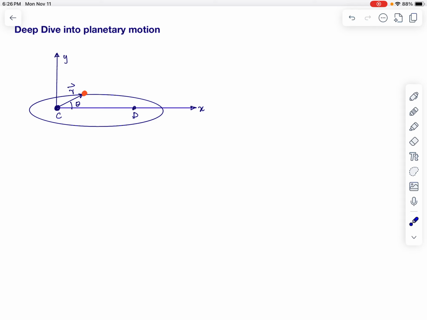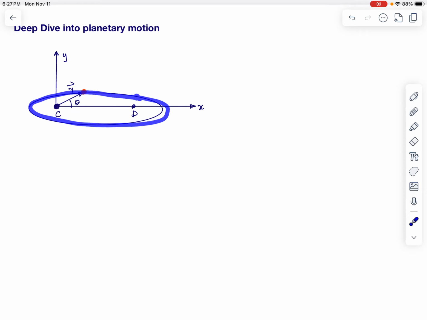Now, if you look at this diagram here, we have an ellipse, with one of the focal points at C and the other at D. We have a planet that's red in color, moving in this elliptical orbit around the sun, which is at center C. Come to think of it, there is really no reason for a planet to follow a purely circular orbit.